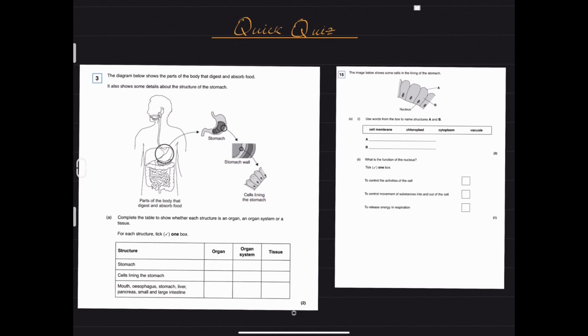And question 15, again, it should be straightforward. This goes back to the initial topic of cellular organization. So question 3 and question 15, can you pause the video here? Can you send the correct answer back to me on Teams?